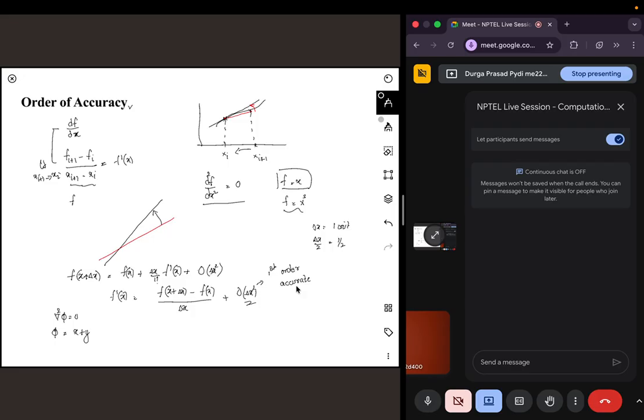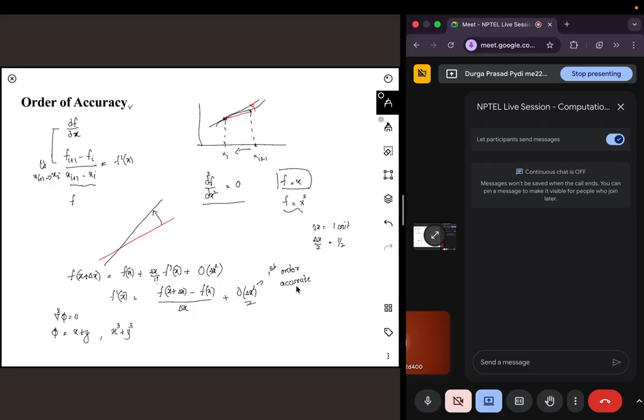But if you take phi as x cube y plus y square x, or y power 4 x, and now we take our stencil and use the second order finite difference method, since it cannot approximate it exactly, or even if you take x cube plus y cube, there will be an error from the f triple dash x term that you will see at each point.